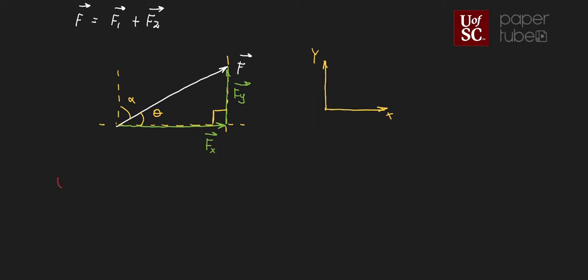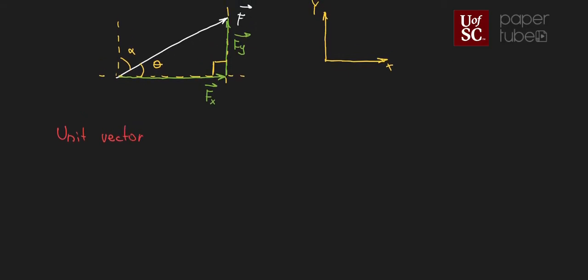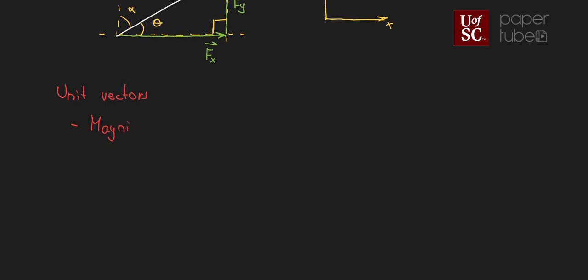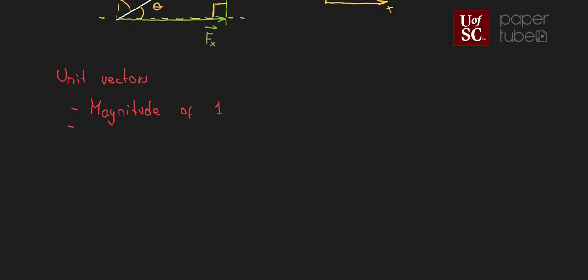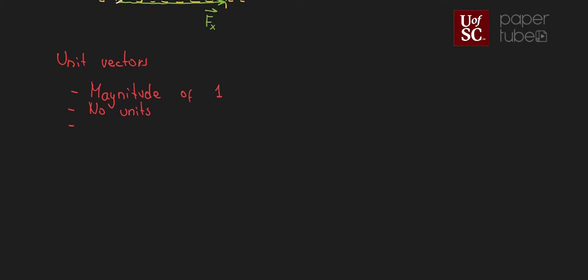Unit vectors have a magnitude of 1, they have no units, and they also help us define the direction of a vector.